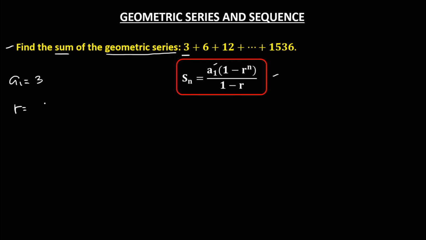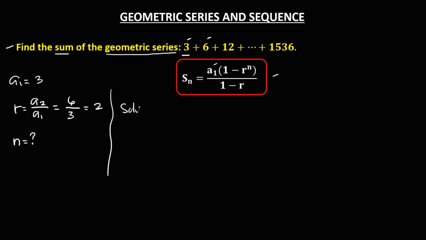Then r, the common ratio, is the second term over the first term. In the given, the second term is 6 over the first term, 3. So the common ratio is positive 2. Then for n, the number of terms, since we don't know it, n is unknown.